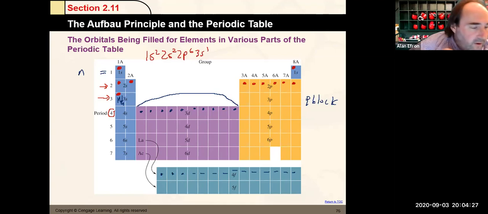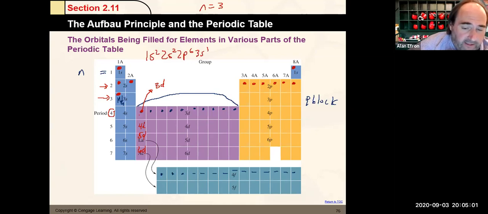If you remember from our quantum number talk, the D orbitals don't appear until the n equals 3 level, which means although this one right here is sitting in the 4th energy level, this is actually 3D. This is 4D, this is 5D, and 6D. So you can see that the D block is 1 off of the period number.